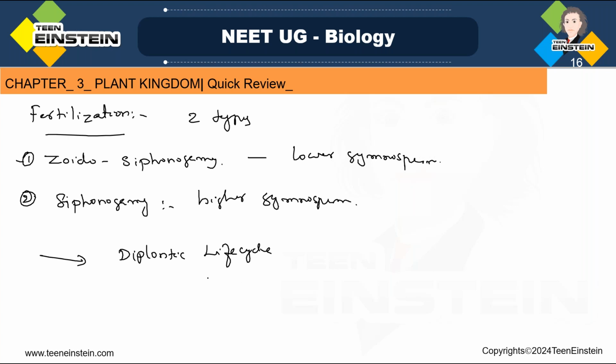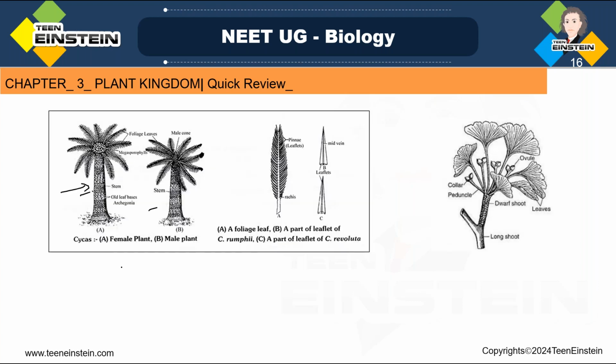Gymnosperms are divided into two groups: Cycadophyta, which are lower gymnosperms, and Coniferophyta, higher gymnosperms.